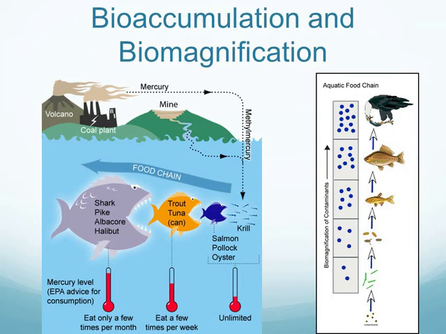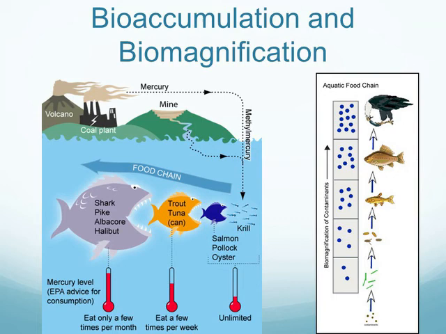Biomagnification just means that as you go up the trophic level, from your krill all the way up to your shark or your tuna, your shark and tuna are going to have several times more concentration of mercury than the krill, partially because of their size, partially because of the type of organisms that they're eating.